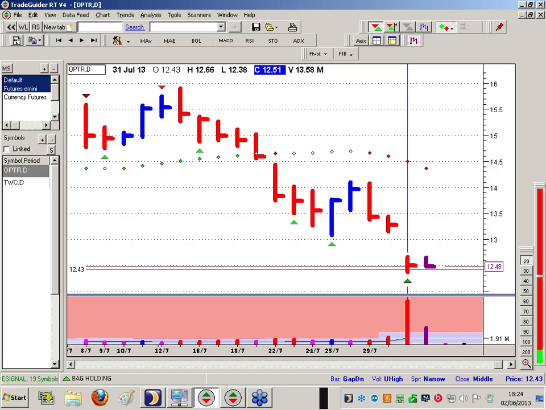Now they may want to calm the camp down, shall we say, because other professionals would notice that straight away. You'd expect that market to start going up on that signal. Okay.